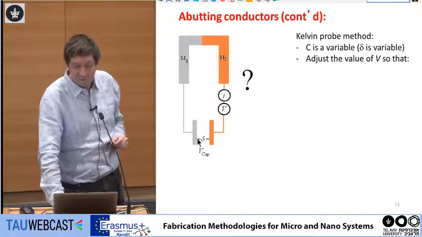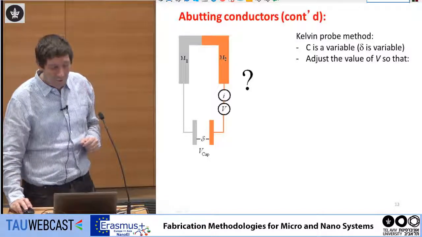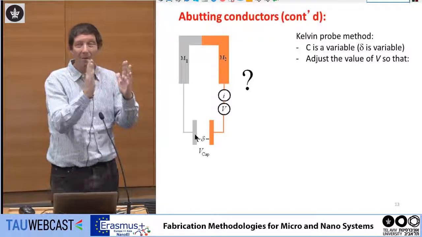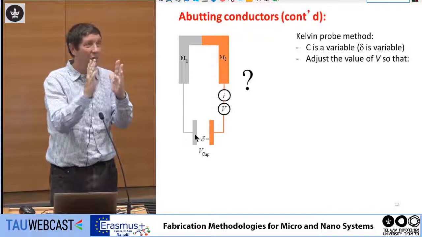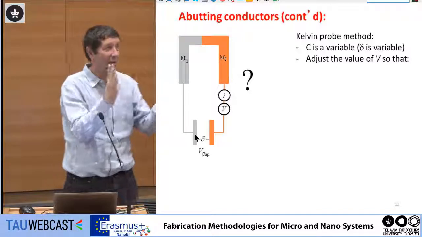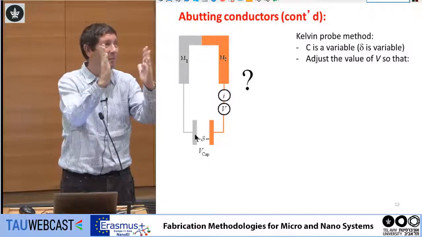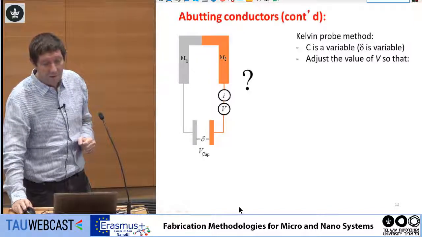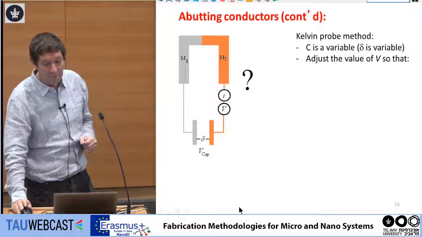If you vibrate this capacitor, the capacitance will change, right? It will also be periodic, because the capacitance is epsilon divided by the distance. And if I mechanically vibrate it, the capacitance is variable.